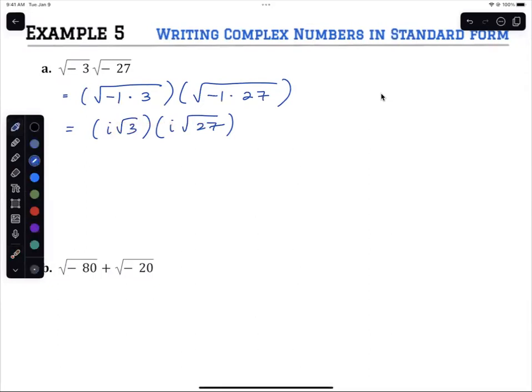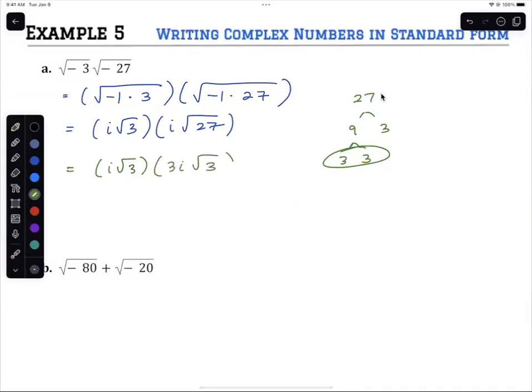But 27, using a factor tree to break down the radical, 27 is 9 times 3, and then 3 times 3. So because I have a pair of 3s, that means that 3 is a perfect square that divides into 27. So I'm going to pull that out. So I'm going to be left with i square root of 3 times 3i square root of 3, because there's a 3 left over that doesn't have a buddy.